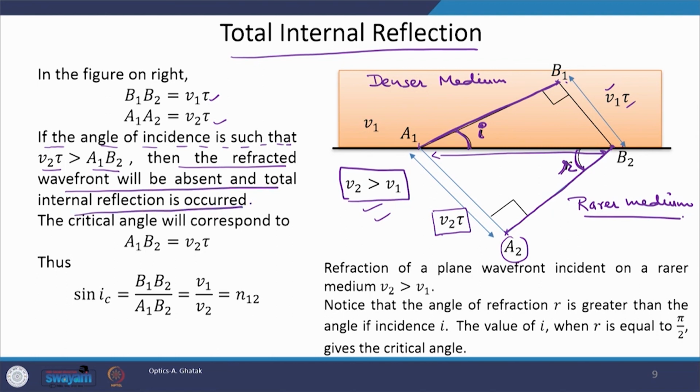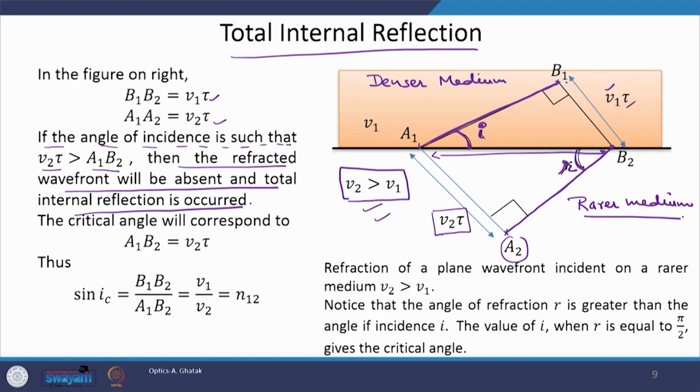Let us repeat. If we want TIR to happen here, then this A1B2 must be smaller than V2 tau.